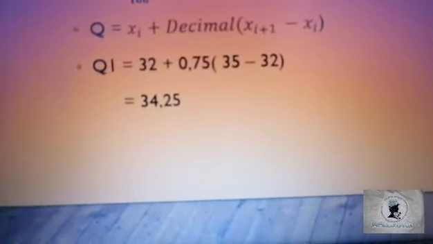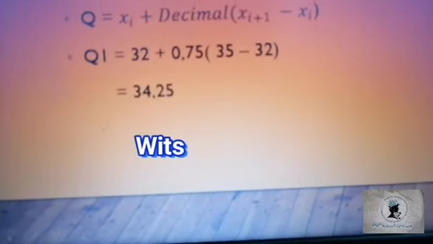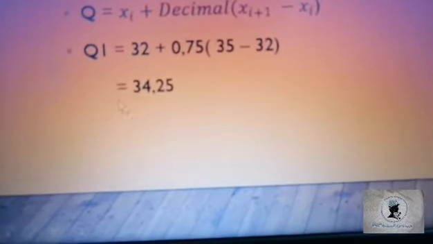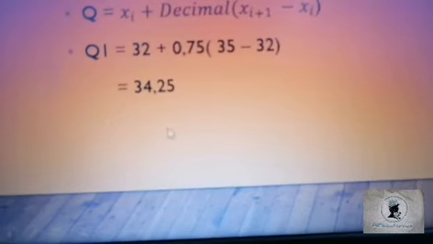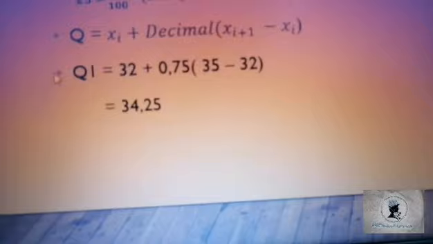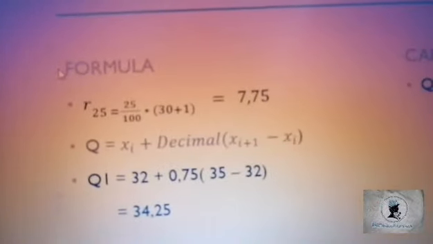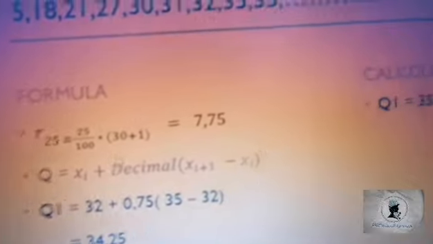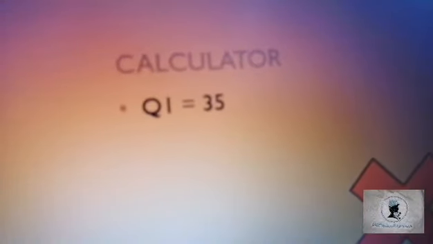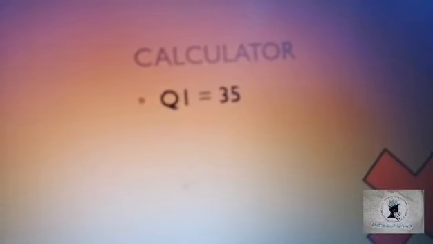So guys, your final answer is 34.2, which is the correct answer, which is the answer you are going to get in your memo. And when you use a calculator to determine this lower quartile Q1, the calculator is going to give you that Q1 equals 35, which is wrong.